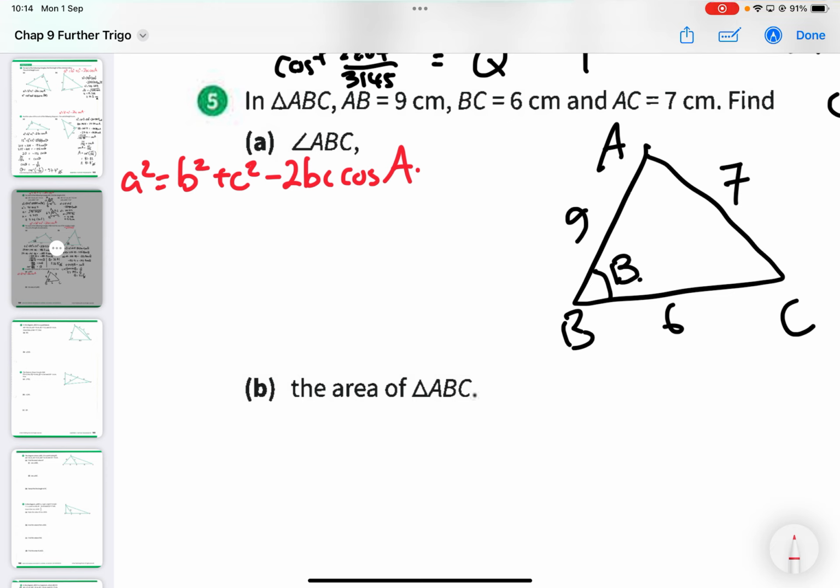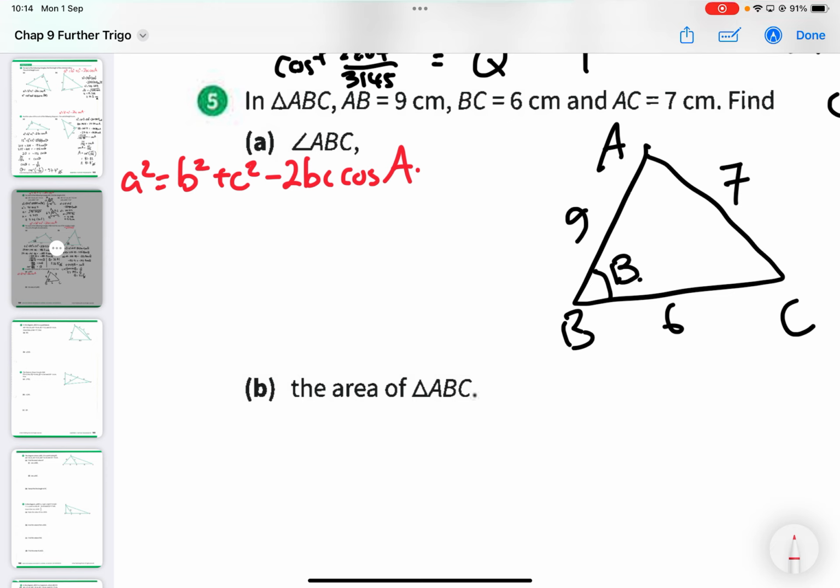Then this angle should be my A already, big A. Then my small a here must be the opposite of this big B. So I can only put this 7 in the A. This is the important part of this question.